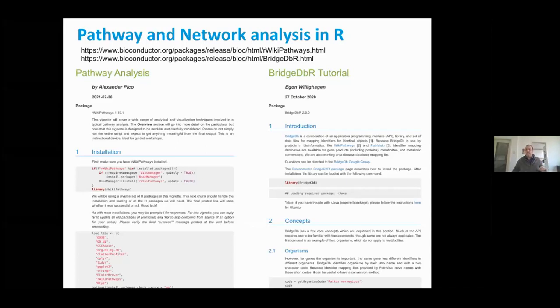And if you have identifier problems, then BridgeDB might be the R tool to look for, except if you have the identifiers that we saw earlier with the common names. There, BridgeDB at this moment doesn't have a solution yet.